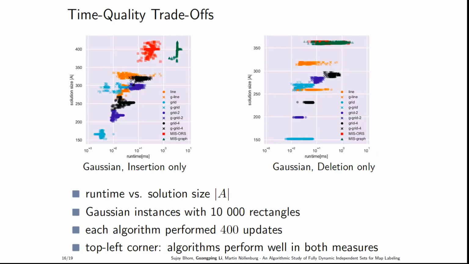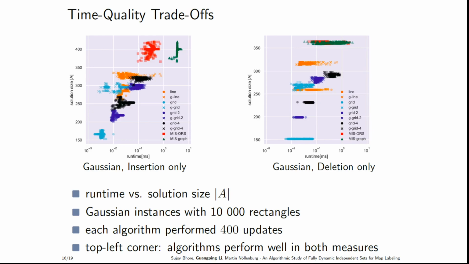So in our first set of experiments, we compared these algorithms, including their greedy variants, in terms of update time and size of the computed independent sets. Here we show the scatter plots for large Gaussian benchmarks with 10,000 unit rectangles and 400 rounds of updates.